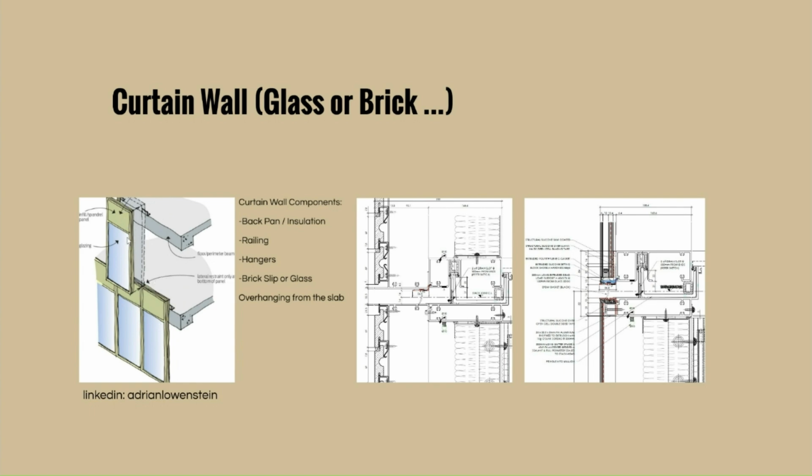It's overhanging, and it can be back-painted glass, brick, or transparent glass, but usually they have a railing and hangers behind, connecting to the slab. You can see some of those details. The right one is for the glass, the middle one is for the brick.